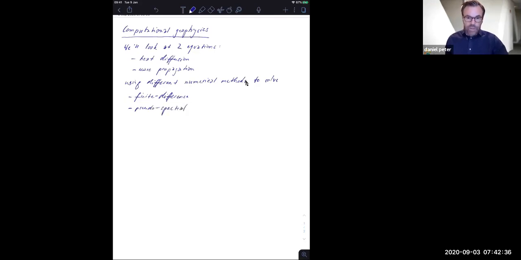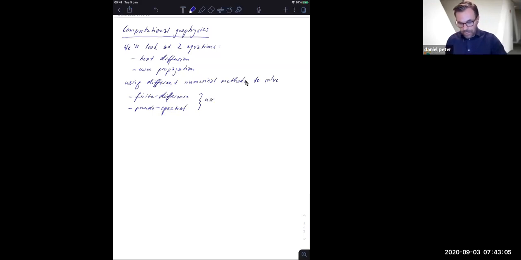Pseudospectral methods naturally extend the finite difference methods. We're going to see how that basically follows from a finite difference expression. Now, both of these two methods that we're going to start with use a numerical approximation of the differential operator.